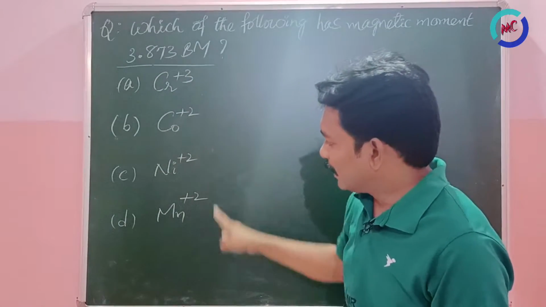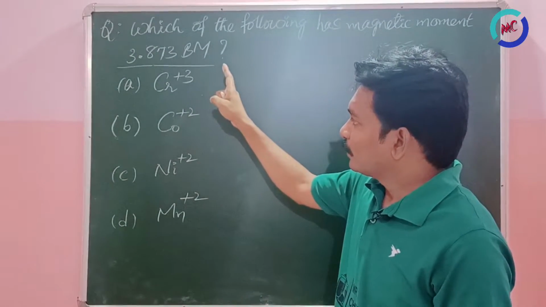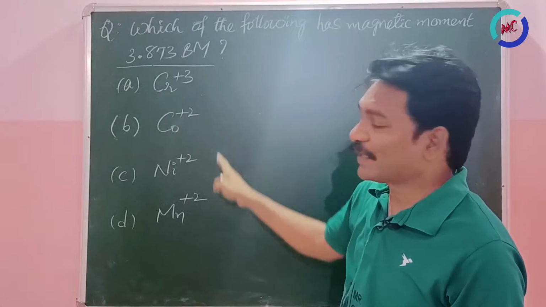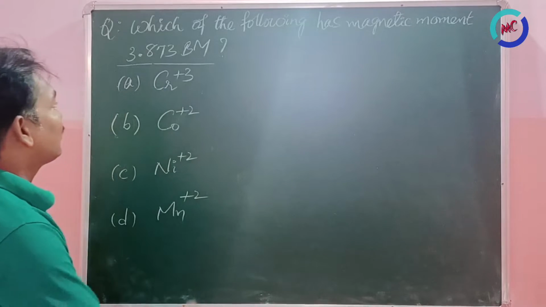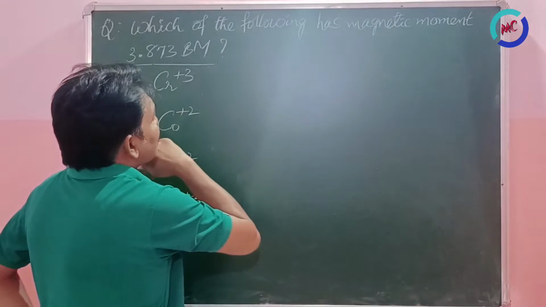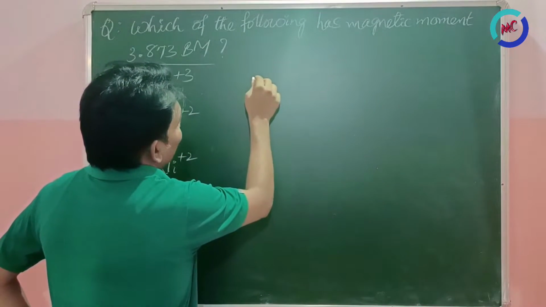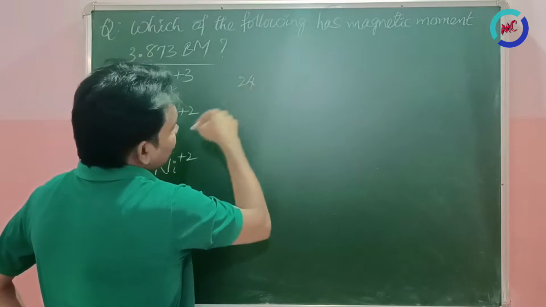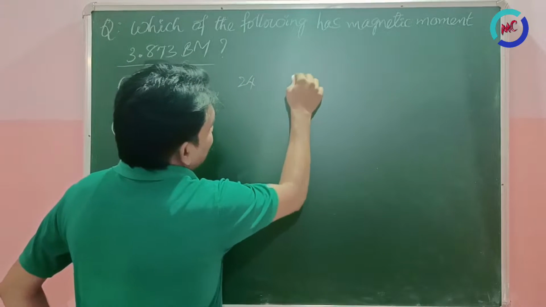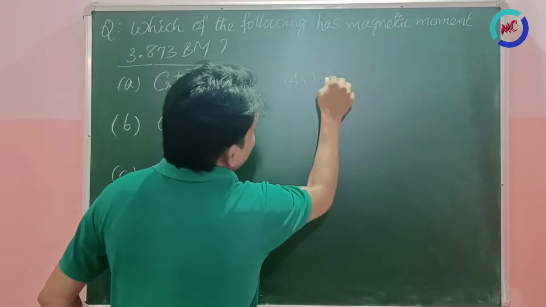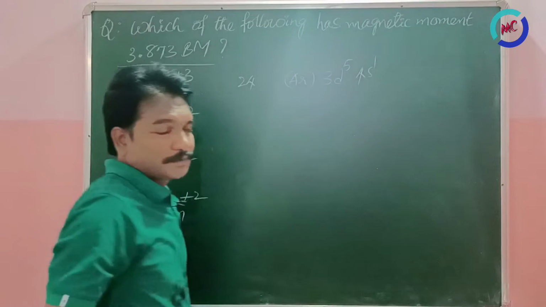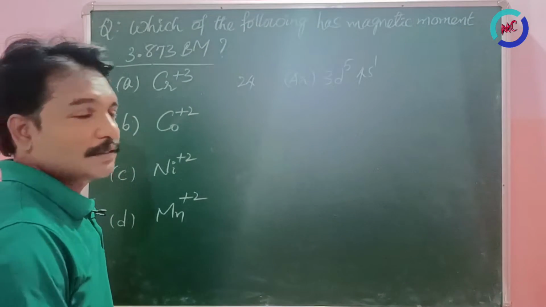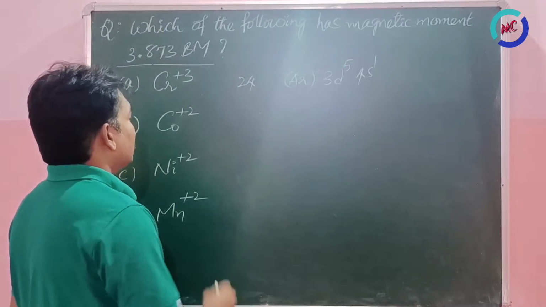Now, what are we going to do here? Which one has 3 unpaired electrons? See here, chromium 24. What is the configuration? Argon 3d5, 4s1, and chromium and copper have exceptional special configurations.